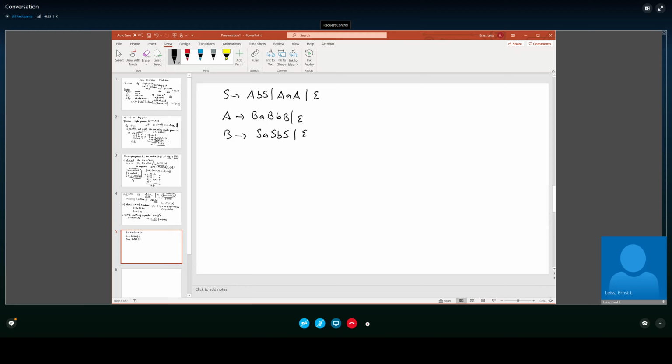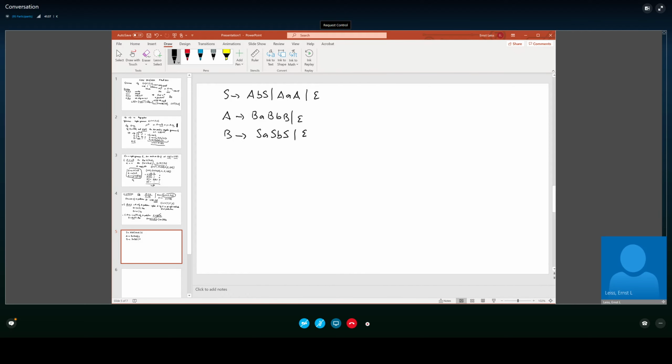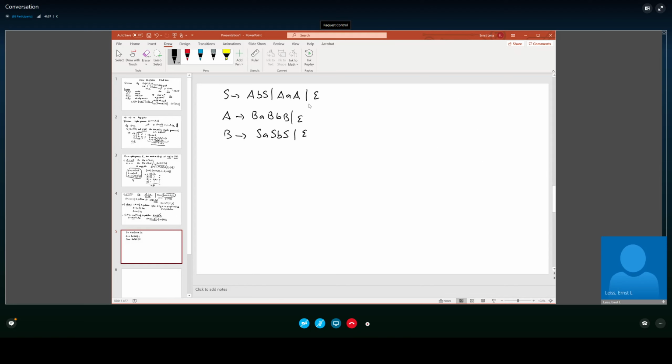So obviously, this is not a particularly interesting language. It just is there to show you how we can eliminate epsilon. Now, this will create some problems because obviously we are now looking at a situation where the L of G generates epsilon.